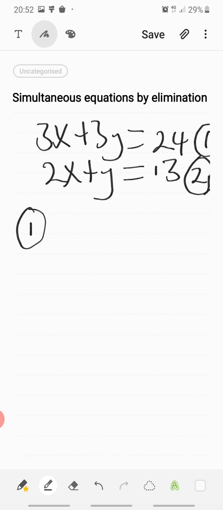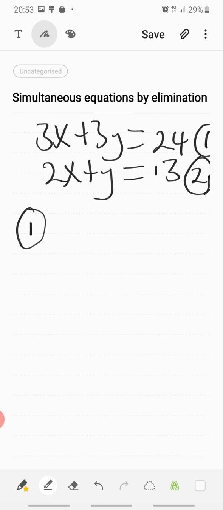So here I would rather deal with y, because we can actually multiply the second equation by 3, so that we end up with 3y plus 3y, so that when we minus the 3y on the first equation and the 3y, we end up with 0. Then we can solve for x, then we come back and substitute.